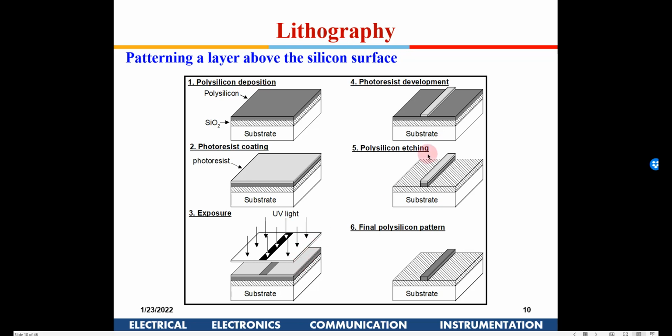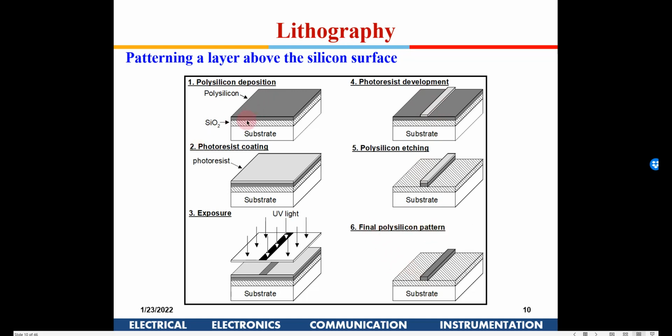Once that is done, you remove the photoresist, so wherever the hard photoresist remains stays there. Then you can deposit the polysilicon, so the final polysilicon pattern can be done.